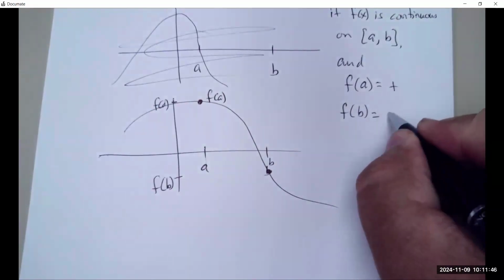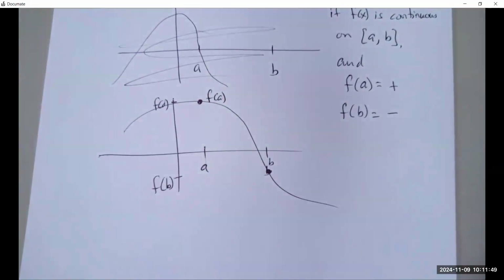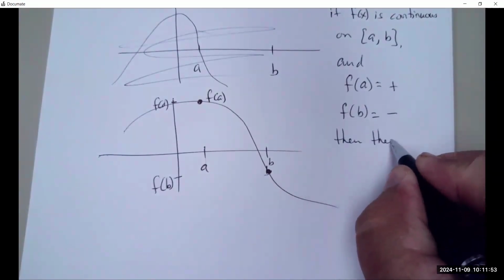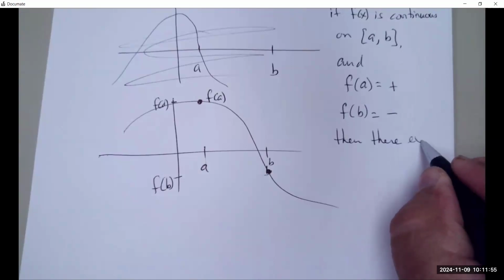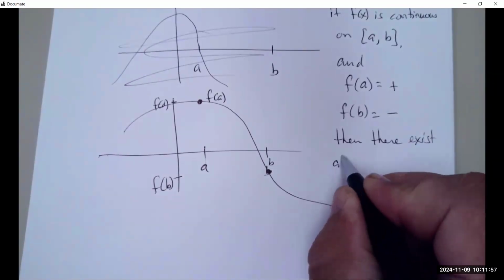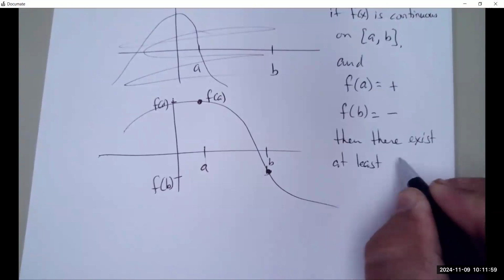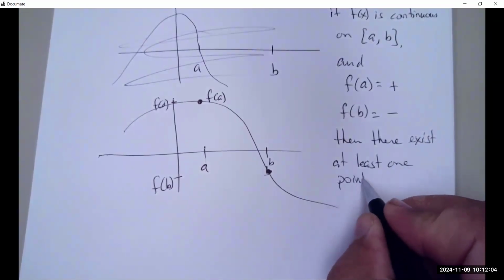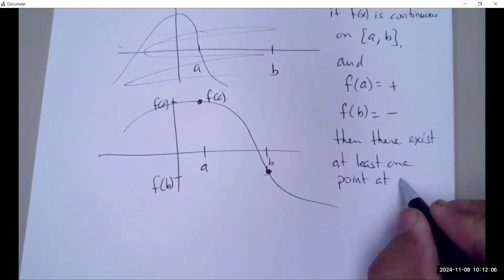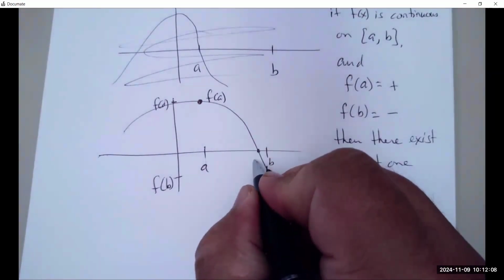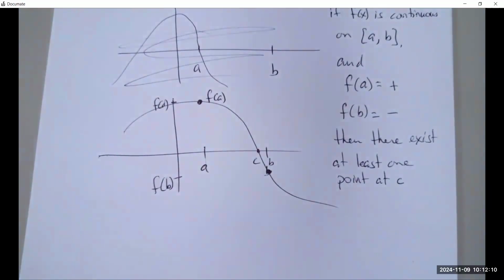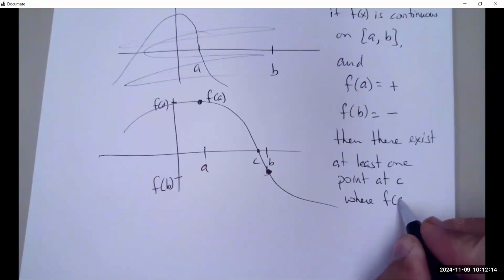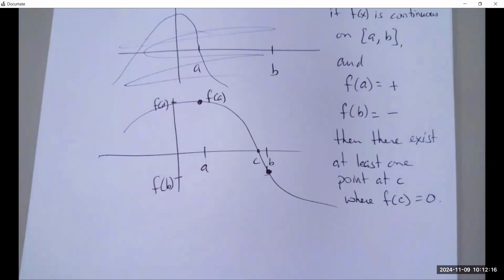If they have different signs, then there exists at least one point at some value C where the function is equal to 0.